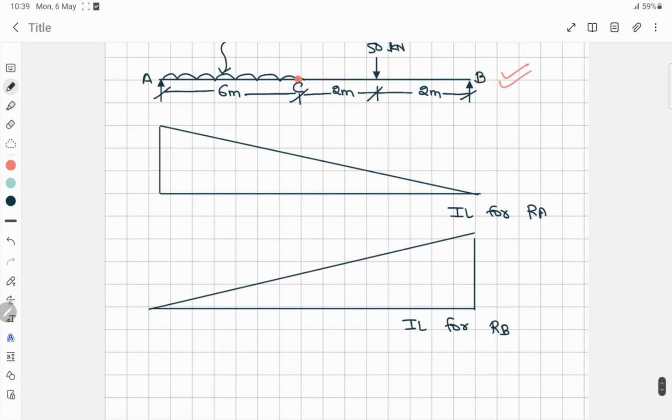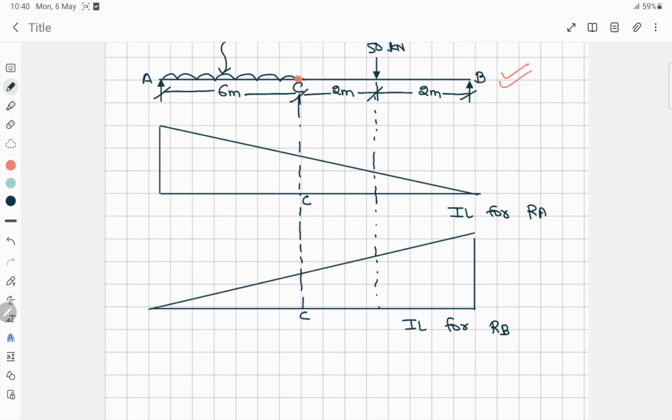Now next is what we have to do here. See, at point C we have to find the reaction. Now at point C we have to draw the reaction, shear force and the bending moment. So you have to draw like this, and this is the point C. Now again we have to draw a projection here at this point where the point load is acting.